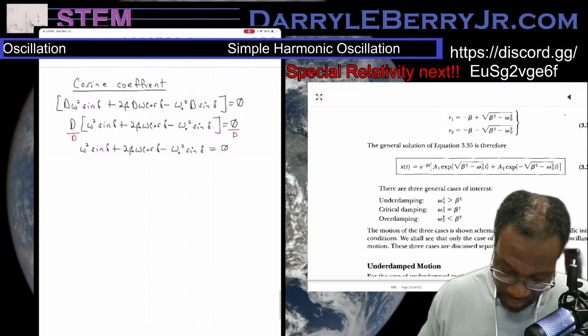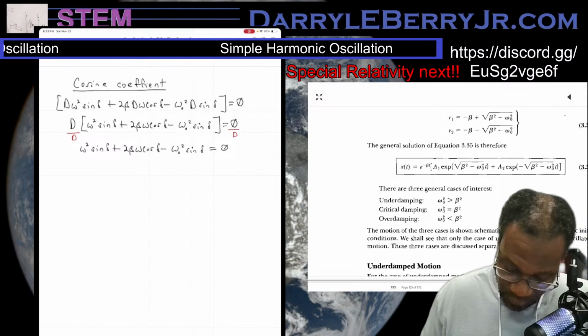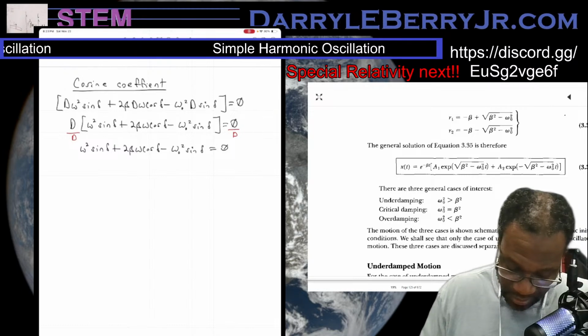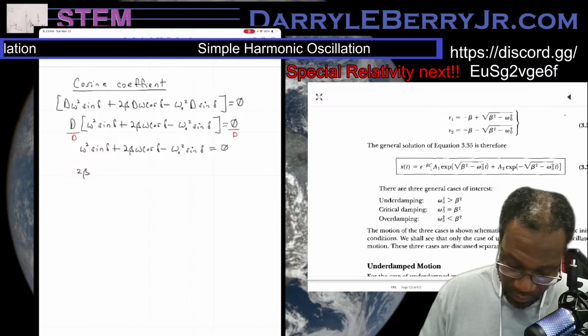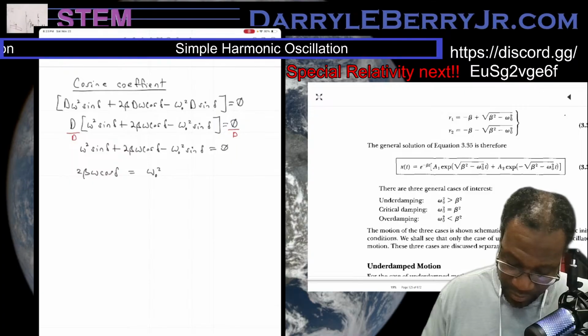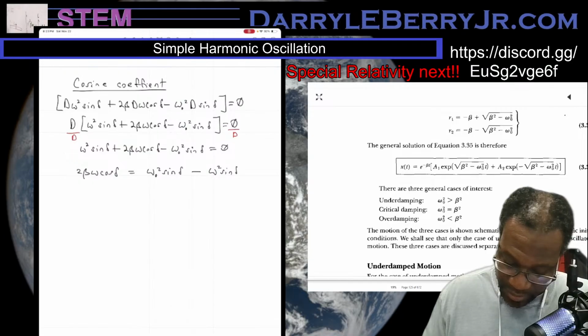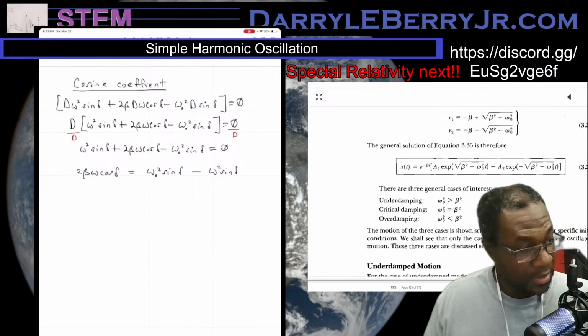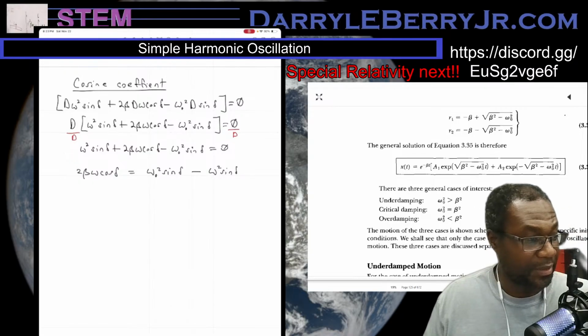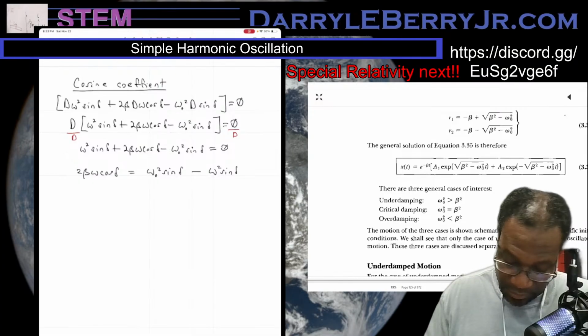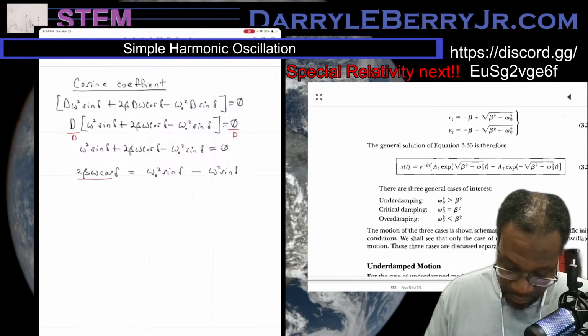The first thing I'll do is solve for B. So we will have 2 beta omega cosine delta equals omega naught squared sine delta minus omega squared sine delta. So I can go ahead and divide by 2 beta.